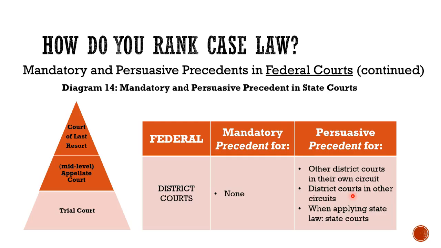That's where the federal courts hear cases that are based on state law. And when decisions are made by these trial courts applying state law, the state courts follow it as a persuasive precedent.